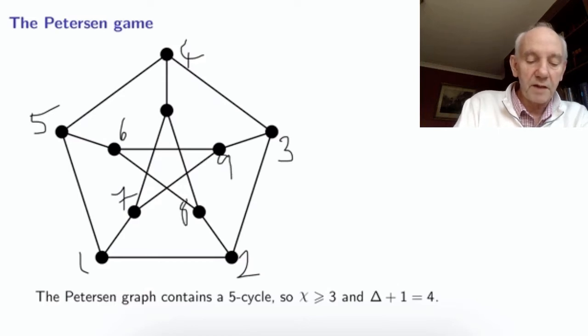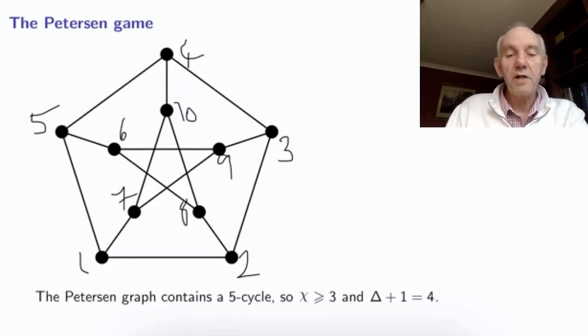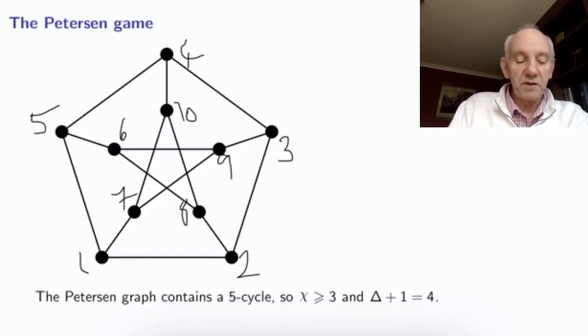9, 10. Now let me just colour the vertices, again in red, with Greek letters. And as I explained, it's very quick to do this colouring. And let's see how many colours we need. So we start with vertex 1, which is alpha.